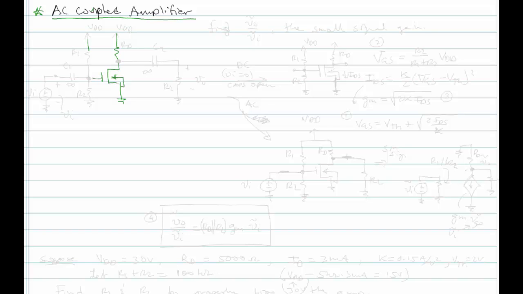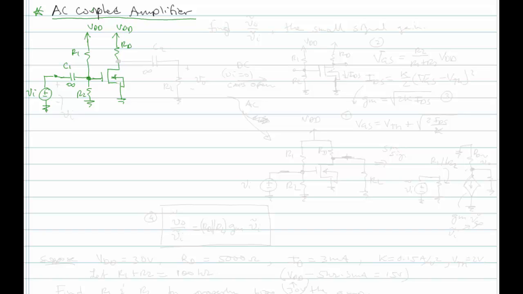So here is our amplifier. Both of these are going to be tied up to VDD. We have RD, so R1, R2, and then we have C1, and I'm going to put infinity, meaning it's just very, very large. We're going to go to VI here.